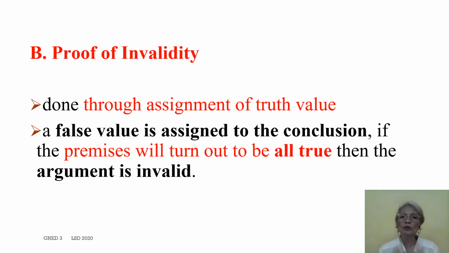So, ibig sabihin, ang una nating gagawin ay mag-assign ng false truth value sa ating conclusion. And from that, we work our way out until we find out the truth value of the premises. If we find the truth values to be all true and our conclusion false as we have assigned earlier, then that particular argument is invalid.